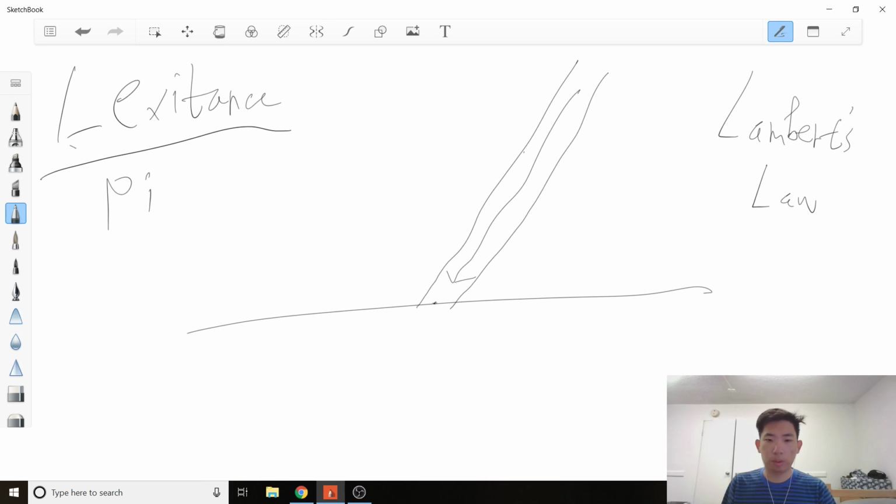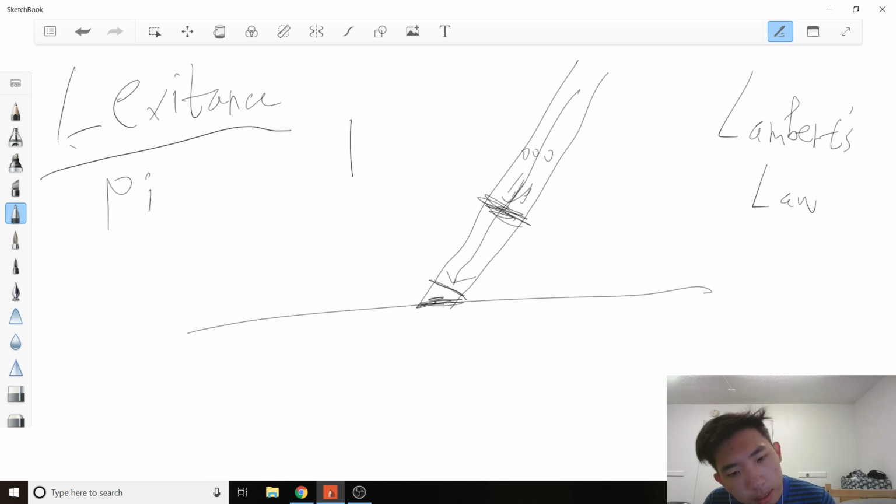So these are going to be photons. There's a certain density that goes through this cross area, which let's normalize to 1, okay? And when it hits the surface, since the light ray is not perfectly into the surface, there's going to be a little bit of projection of the light ray.